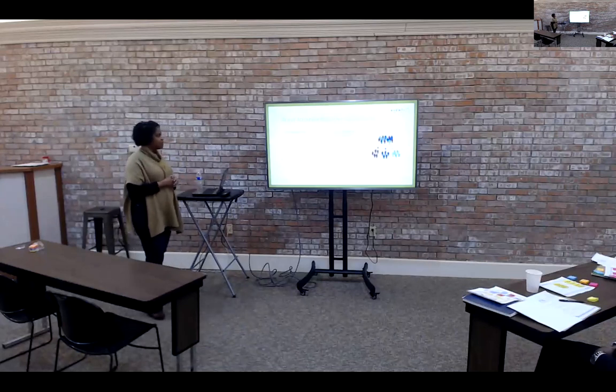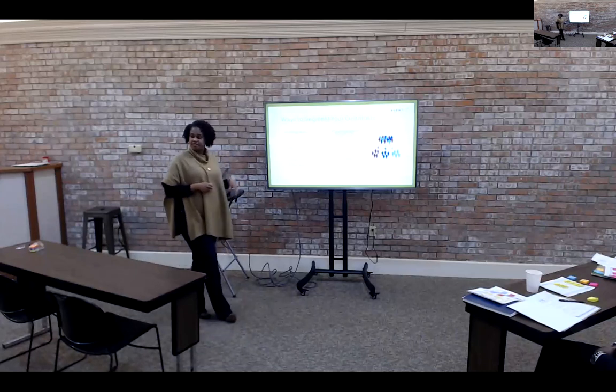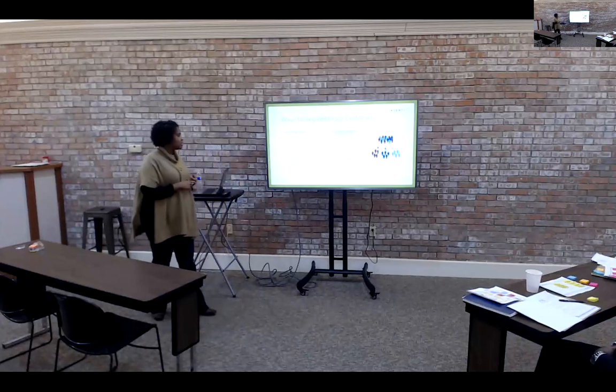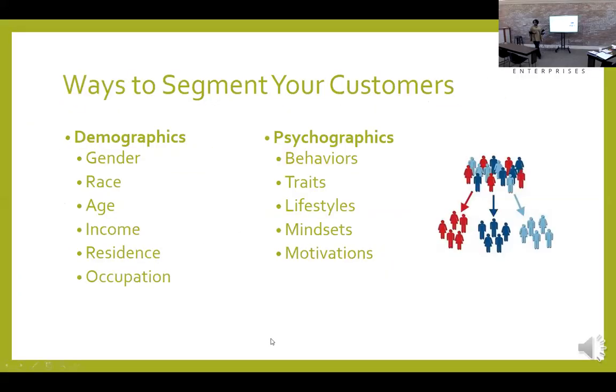And you can segment your customers 2 ways. You can use demographics like gender, race, age, income, where they live, what they do for work, or you can use psychographics like their behaviors, their traits, their lifestyles, the way that they think, what their motivations are. So joggers in that example would be a psychographic way of segmenting.